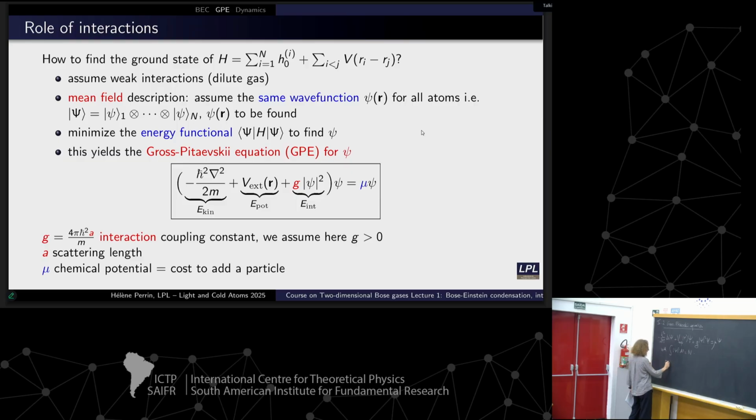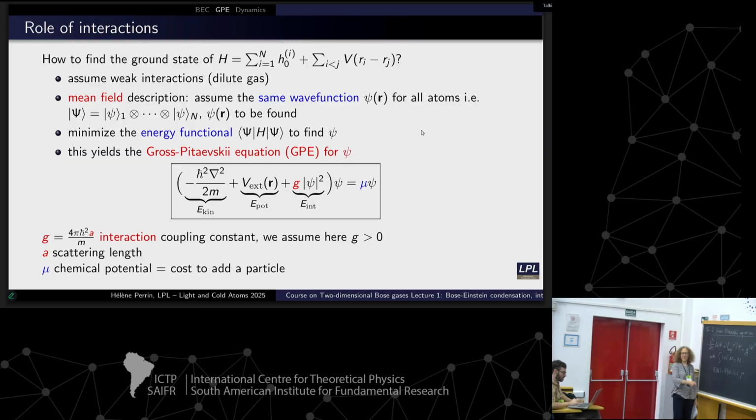And in fact, indeed, if you compute the energy of a state with n particles minus the energy of a state with n minus 1 particles, you find exactly this mu. When you do that, that's computing the integral, of course, of this guy multiplied by psi star.